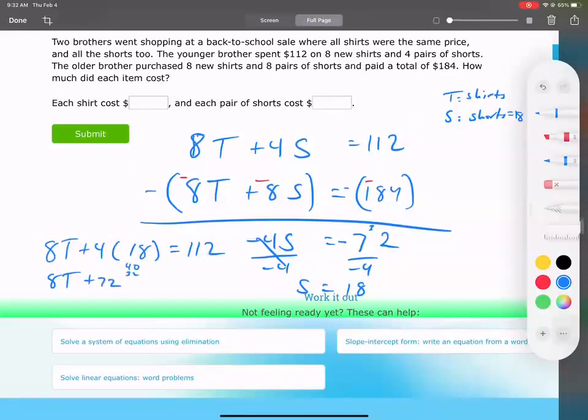This is $72. So let's get rid of the 72. 8t equals 40. So t, divide both sides by 8, t is equal to 5. So the shirts were $5. So $5 and $18.